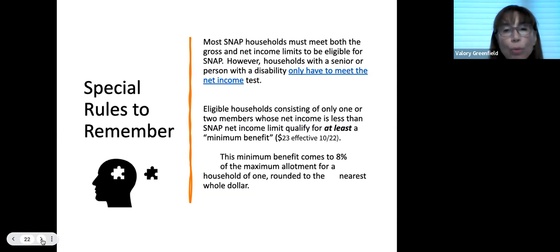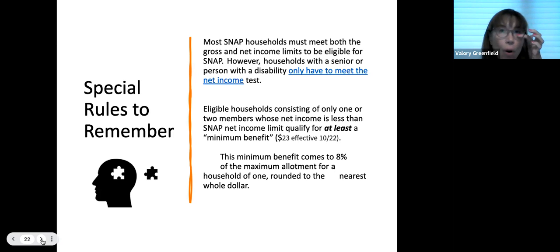The other important rule to remember is the minimum allotment, which changes to $23 effective next month. Eligible households who meet that net income test that I discussed just a moment ago, where there is only one or two members in that household, qualify for a minimum benefit of at least $23.